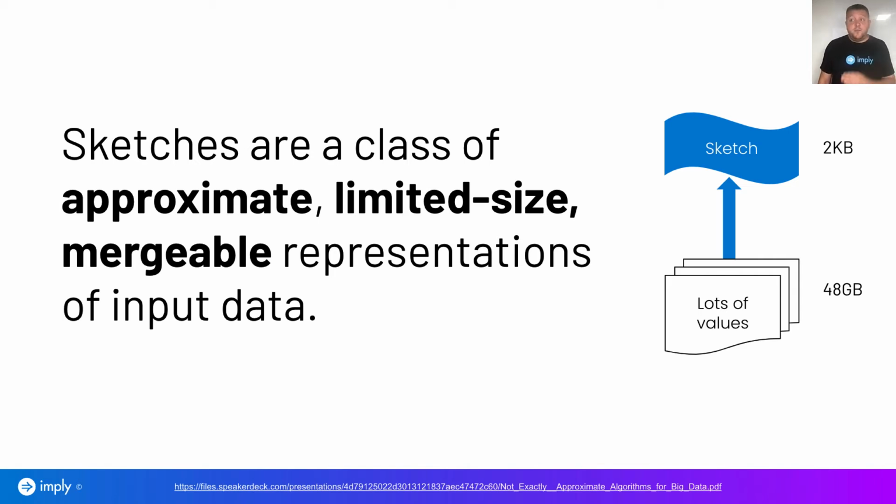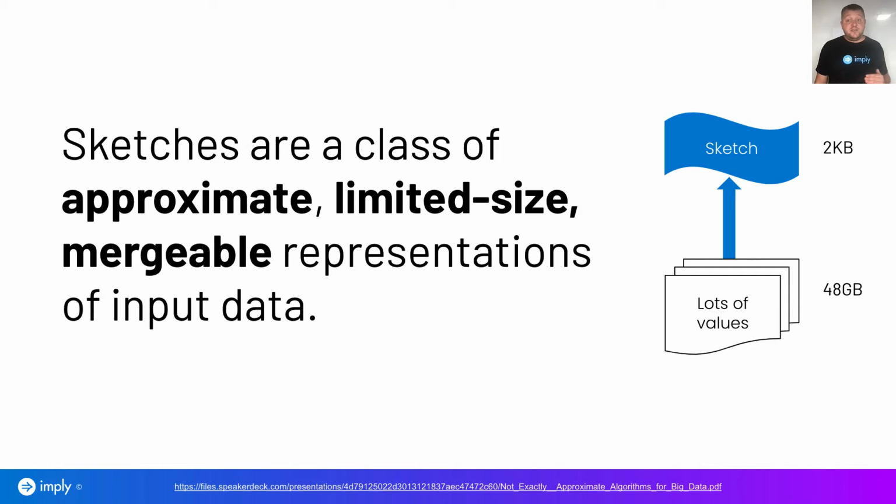Sketches are a class of approximate, limited size, mergeable representations of input data. When you create and use sketches, the results are approximate. This does not mean unreliable. It means that the error rate of the results is predictable. In fact, there are published error tables for each type of sketch.